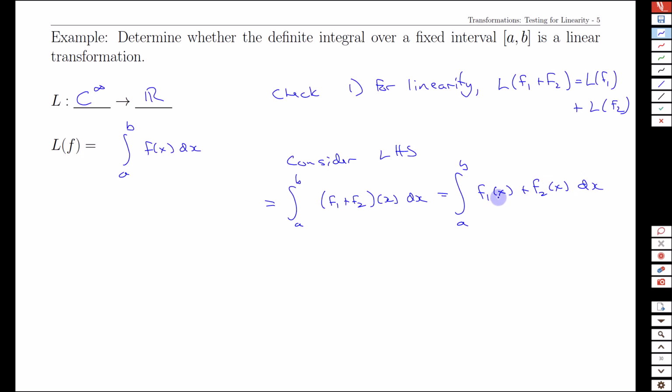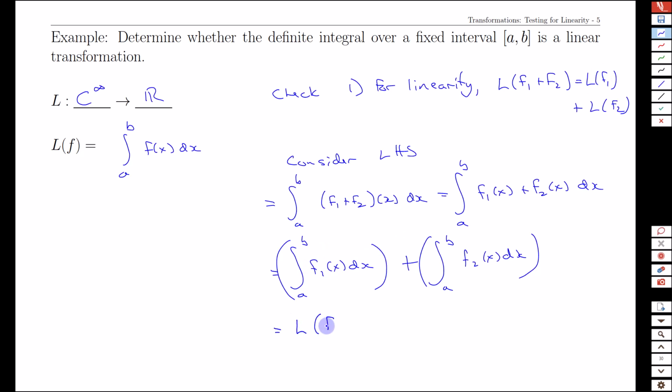And because of the linearity of integrals, we know we can split integrals at plus signs, and so we can rewrite that as the integral from a to b of f1 of x dx plus, all that in brackets to make it obvious that it's a very different calculation, the a to b integral of f2 of x dx, close bracket. And then, hey, that is what we mean by the transform of f1.